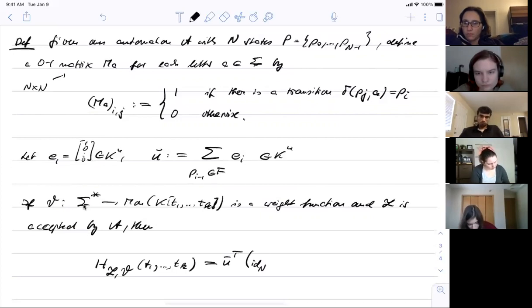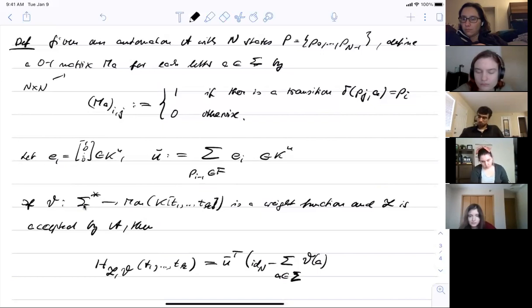We take the identity matrix minus the sum over letters in the alphabet sigma, where we evaluate each letter using v, multiplied by the matrix M sub A. That's an n by n matrix.